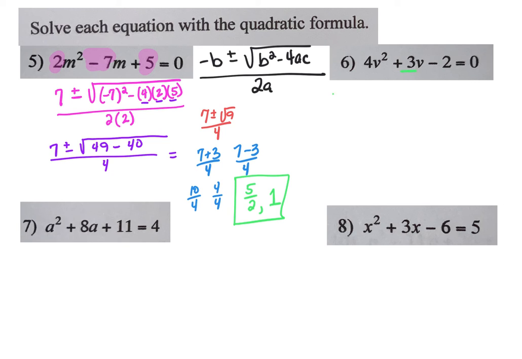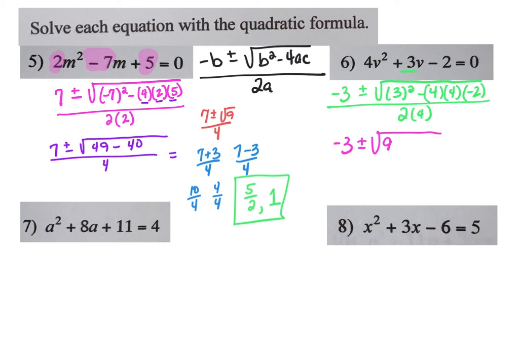Negative b, which in this case is 3, plus or minus the square root of b squared minus 4 times a times c all over 2 times a. All right. In this case, when I simplify, -3 plus or minus the square root, 3 squared is 9, minus 4 times 4 is 16, times -2 is what? -32, right?